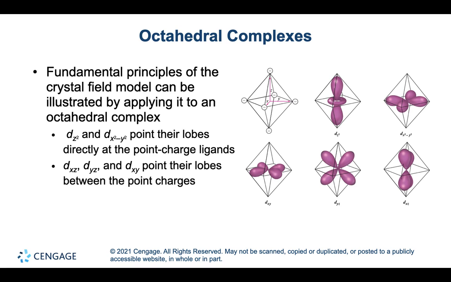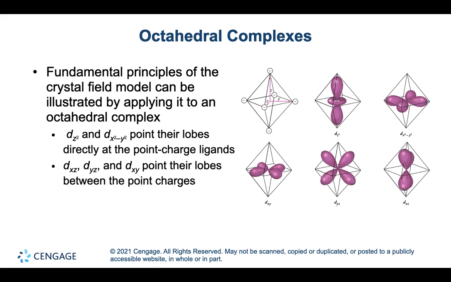But the dxy and the dyz and the dxz would not be pointing at the octahedral positions. So that actually changes the energy of the dz squared and the dx squared minus y squared, so it's different than the dxz, the dyz, and the dxy.